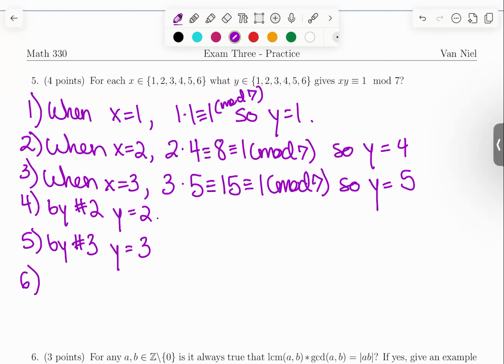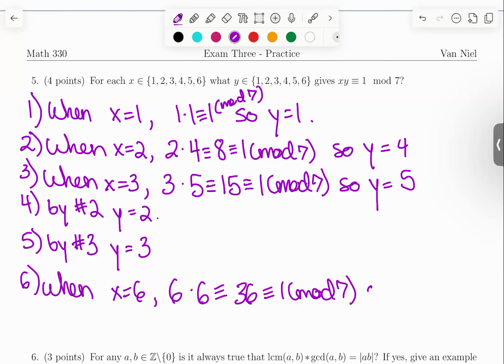And then last but not least, when x equals 6, well, 6 times 6 is 36, and 35 is 0 mod 7, so woohoo. Okay.